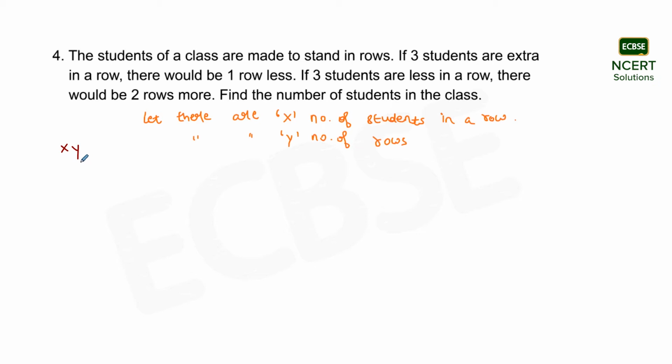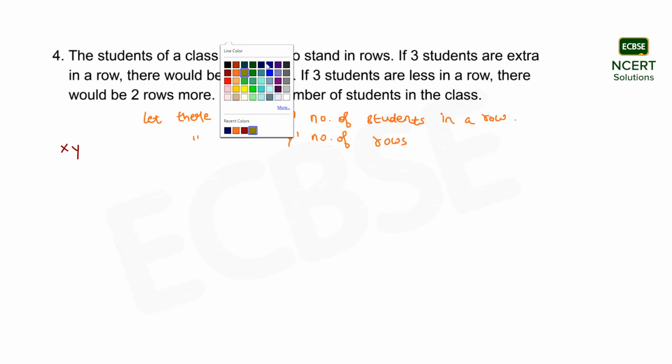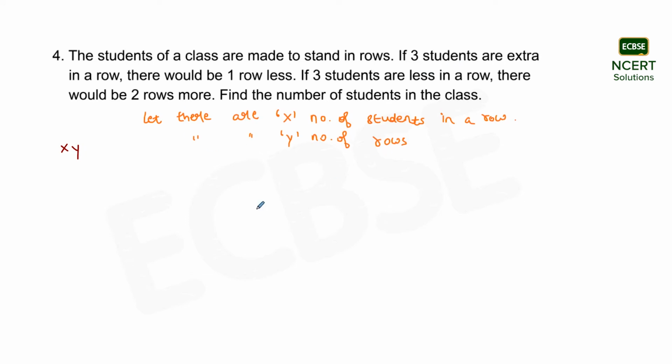And if we put the condition of this arrangement, that is, if 3 students are extra in a row, means if we add 3 students in each row, then the number of students in a row will be x plus 3. It's also been given that if 3 students are extra in a row, there would be 1 row less.